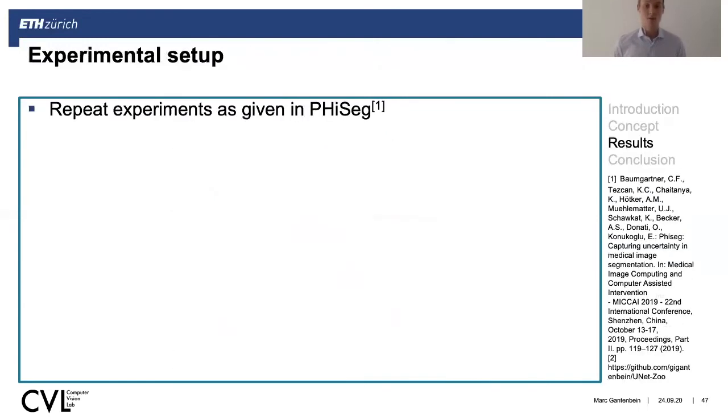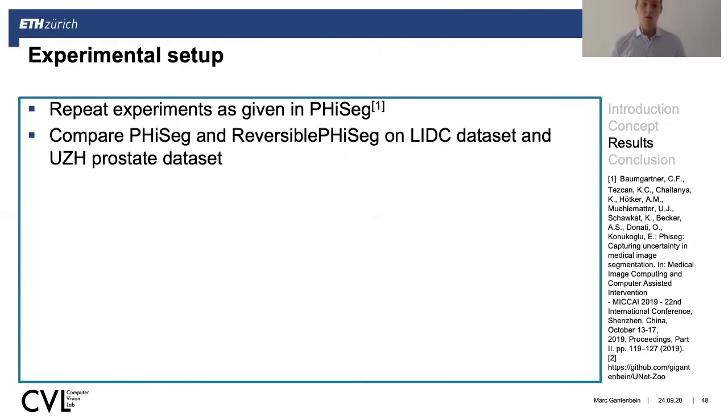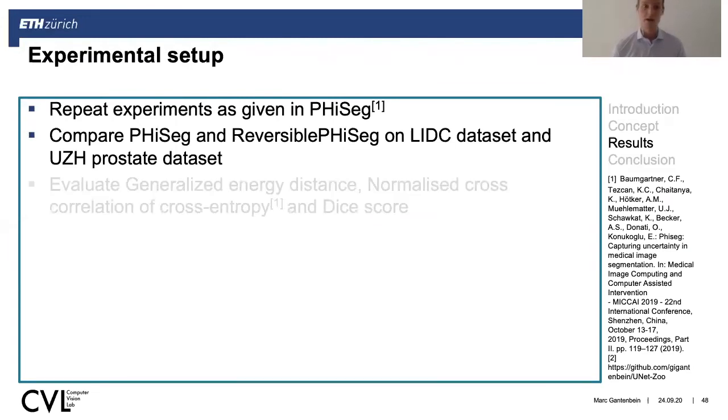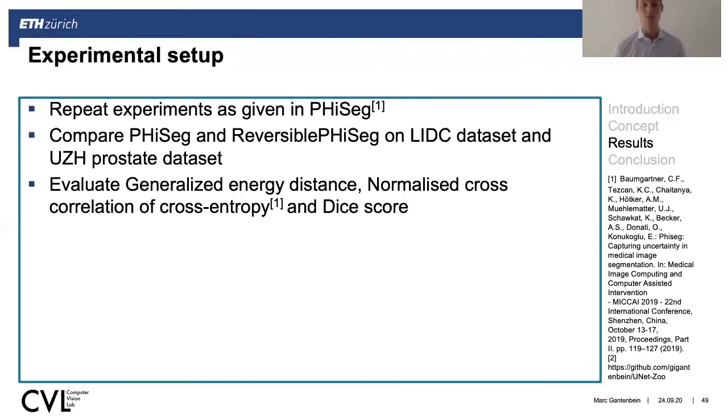How did we validate our architecture? The experimental setup we had was to repeat the experiments as given in the original PHiSeg paper. We compare the PHiSeg and reversible PHiSeg on the LIDC and UCH prostate dataset, and we evaluated the same scores as in the original paper.